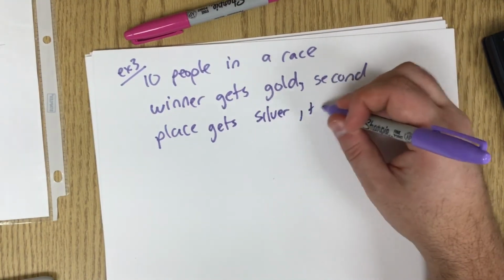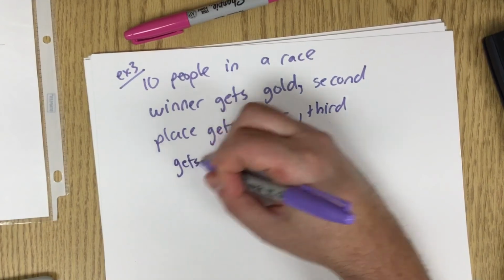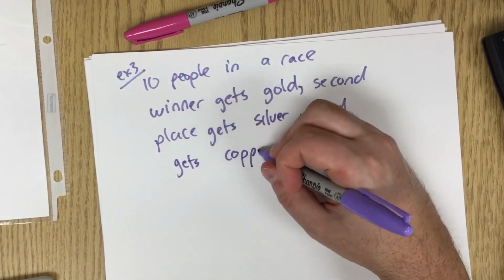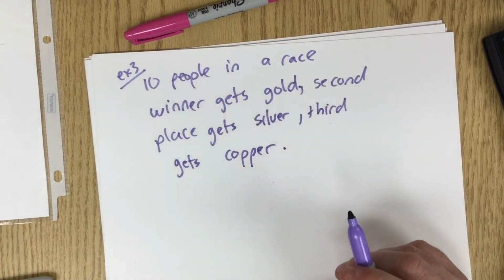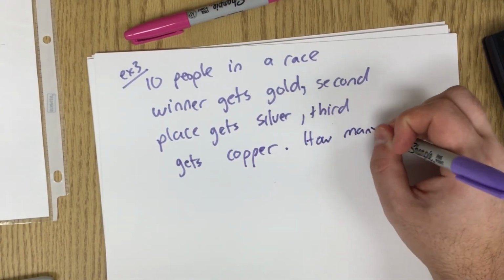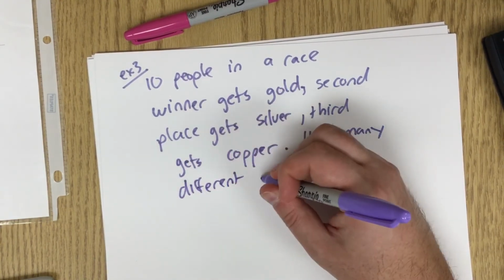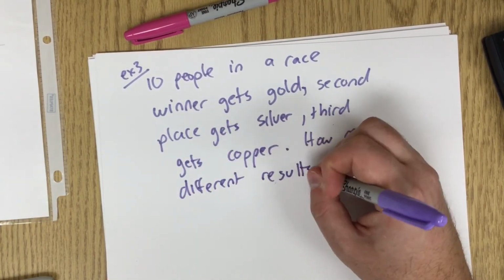Third gets, you know, they always give bronze, but it really should be copper. If you look at the periodic table, I'm going to say copper. How many different results are possible here?